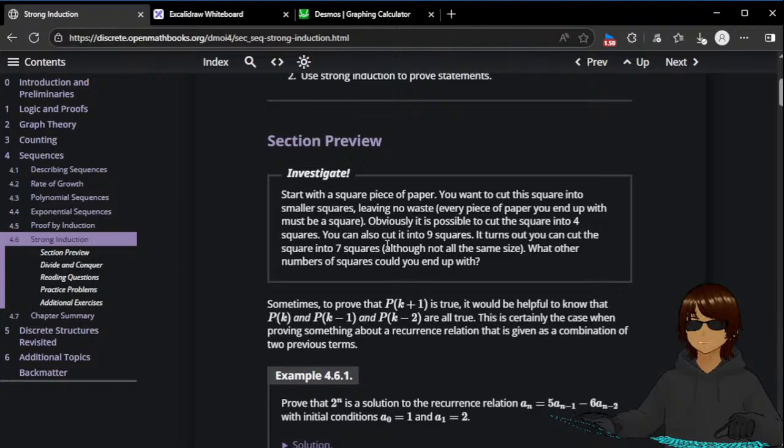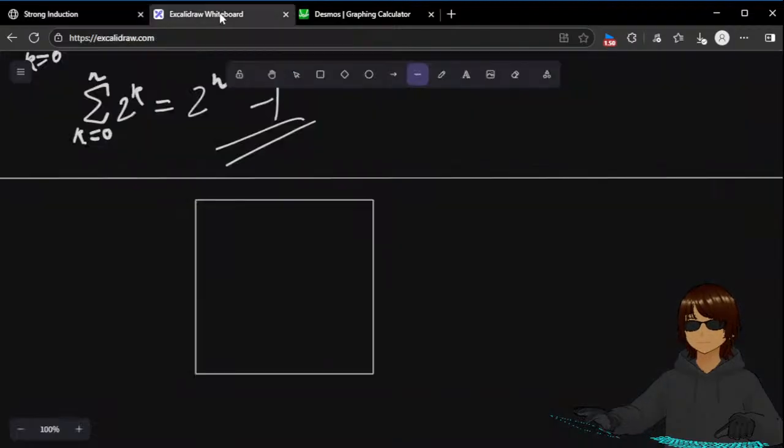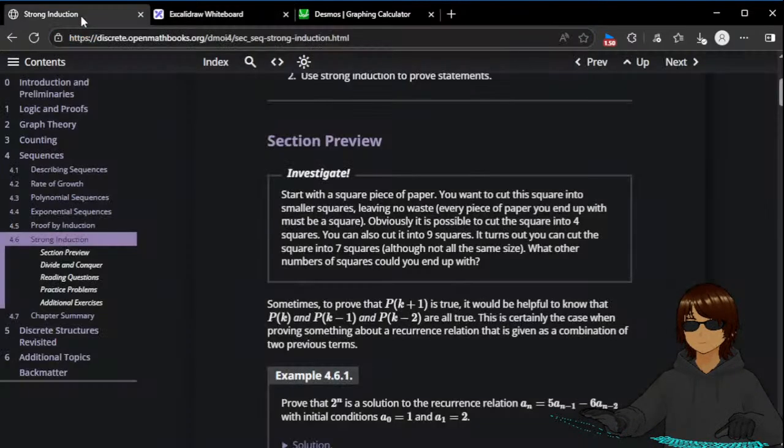Turns out you can cut the square into 7 squares. 7 is an odd number, like, although not all the same size.